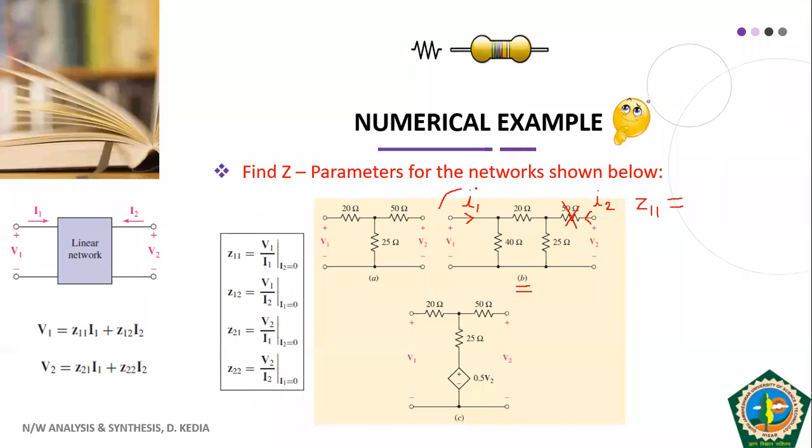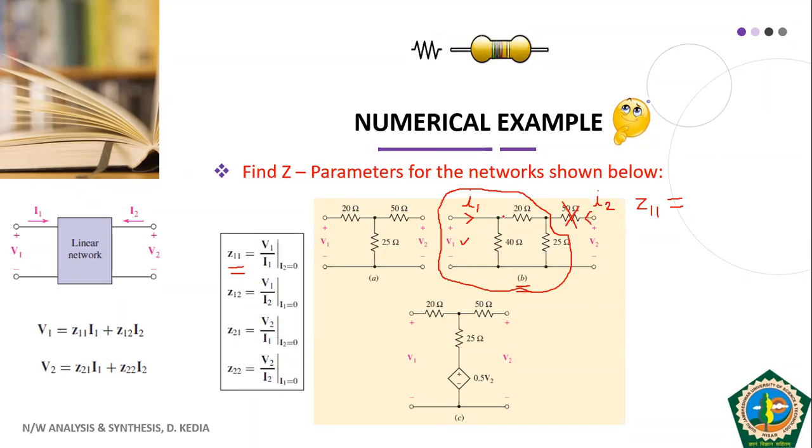We are having only this much present in our circuit. Now, since we need to find V1 upon I1, this is V1, this is I1, and this I1 is passing through these three resistances. So whatever will be the equivalent resistance of these three resistances, that will be our answer for Z11.